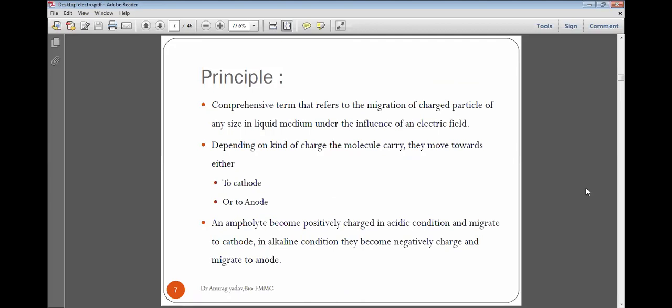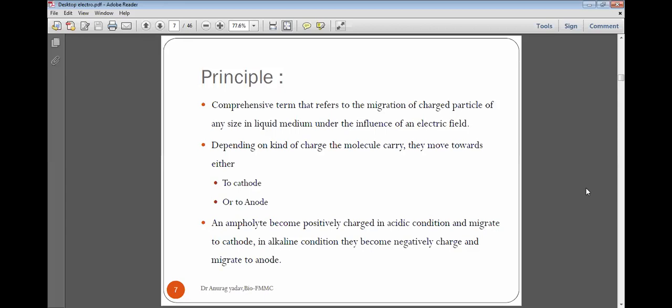So the principle involved is the migration of charged particles of any size in the medium. Obviously, it will require a medium, that is the stationary phase. It will require a medium, a liquid medium, under the influence of an electric field.